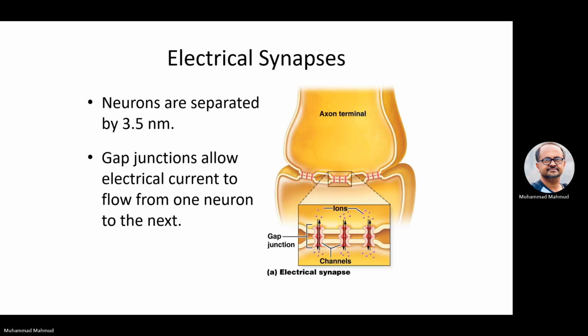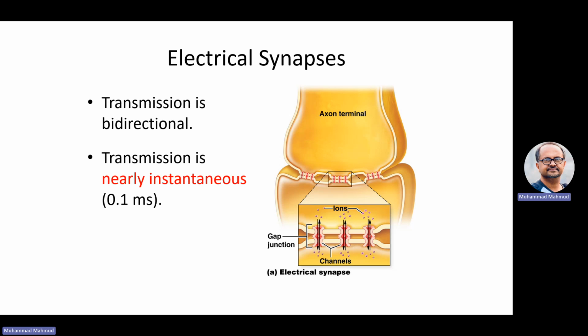They have a very small separation gap, 3.5 nanometers. And the gap junctions you see here in this picture allow the electrical current to flow from one neuron to the next. So very small gap, and there are gap junctions as well.